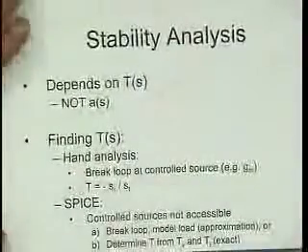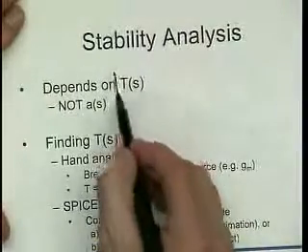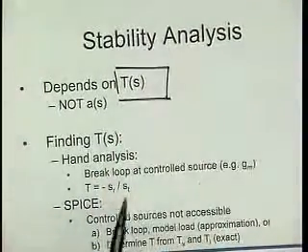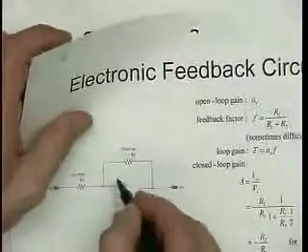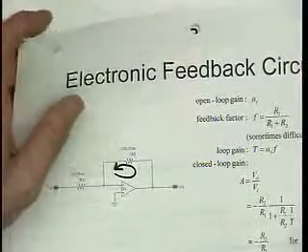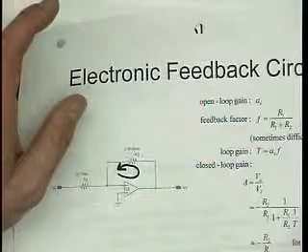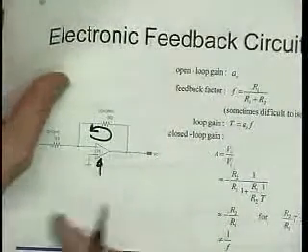Okay, so now it gets more important. So this is again very simple. But stability depends on the loop gain. So that's the gain measured around the feedback loop, right? In particular, stability does not depend on A of S. It does not depend on the gain just of the feed-forward gain.